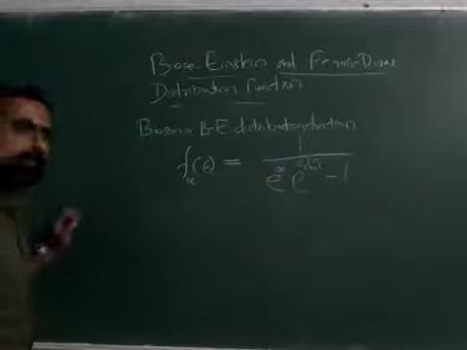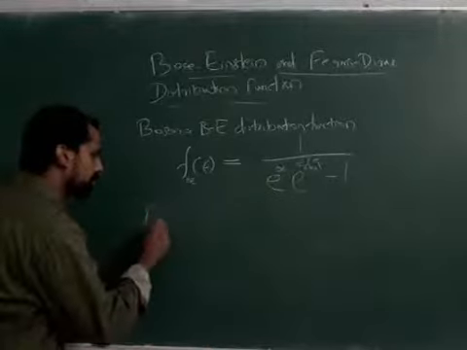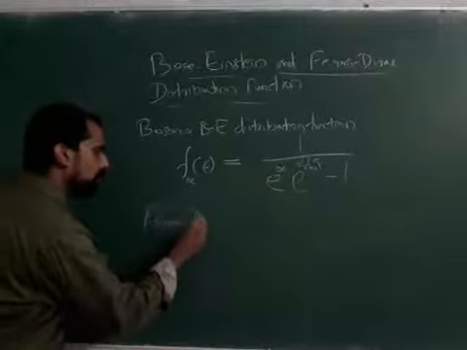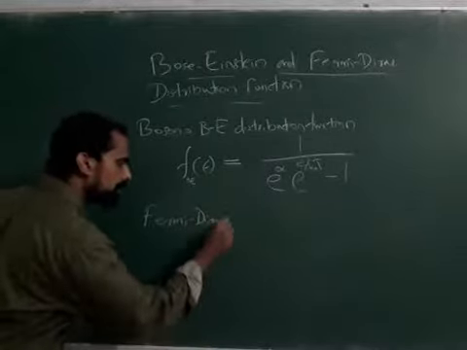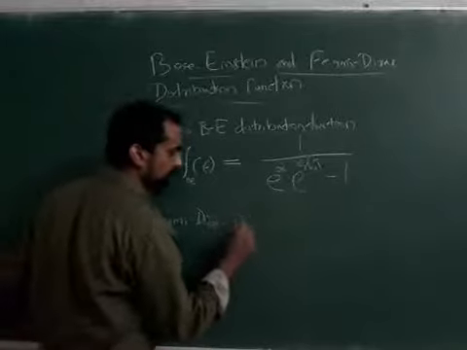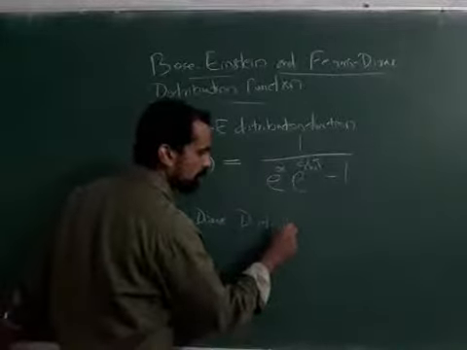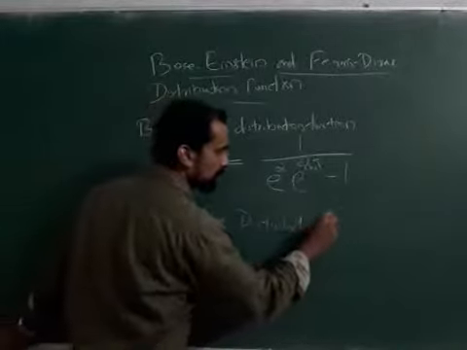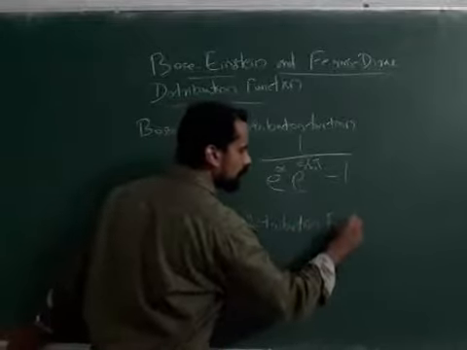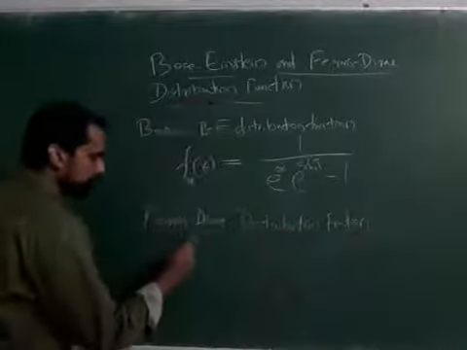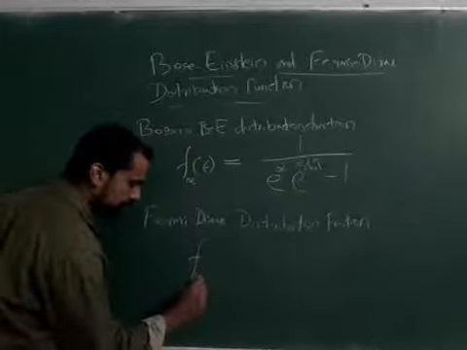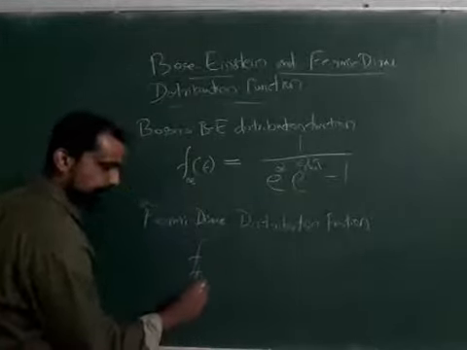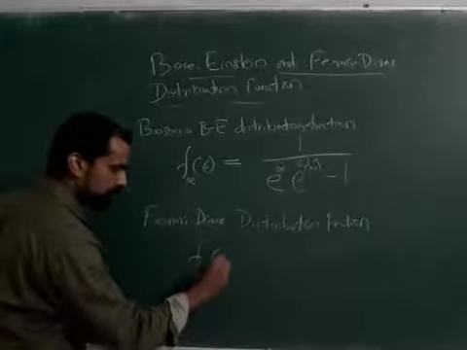Now we will go for the Fermi-Dirac distribution function. Here also, if you like, you can put F, meaning the Fermi-Dirac distribution function.